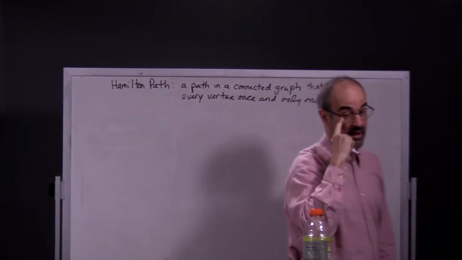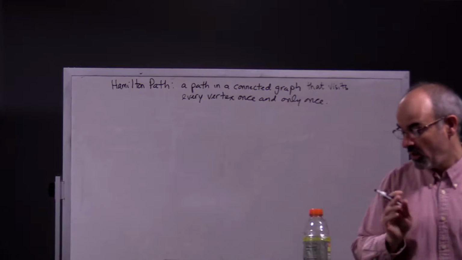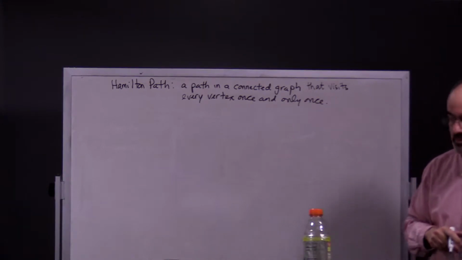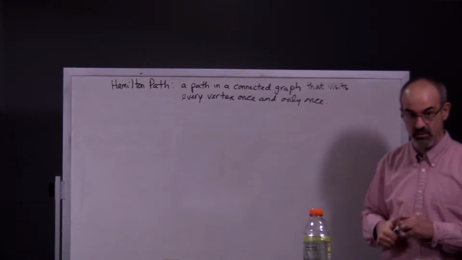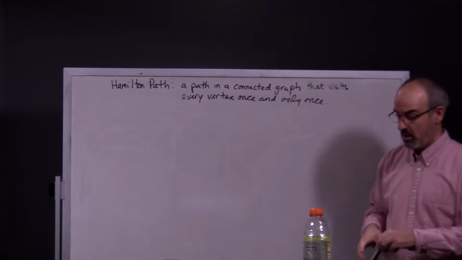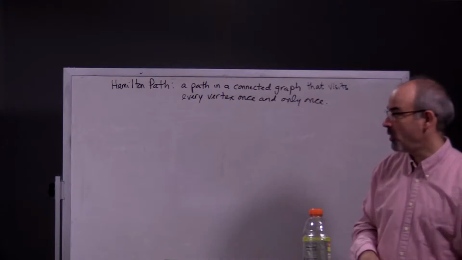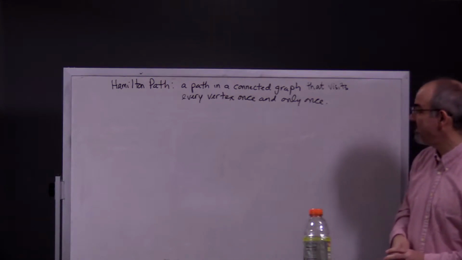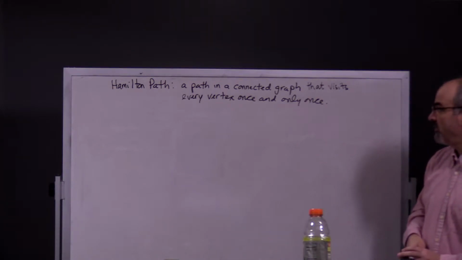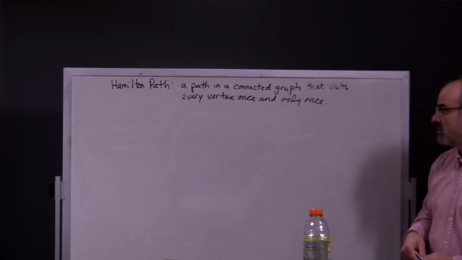Did I forget anything? Let's see. You can actually look in your book to see how they have the definition written. This is just to point out that this definition is important. Hamilton path, a path in a connected graph that visits every vertex once and only once.